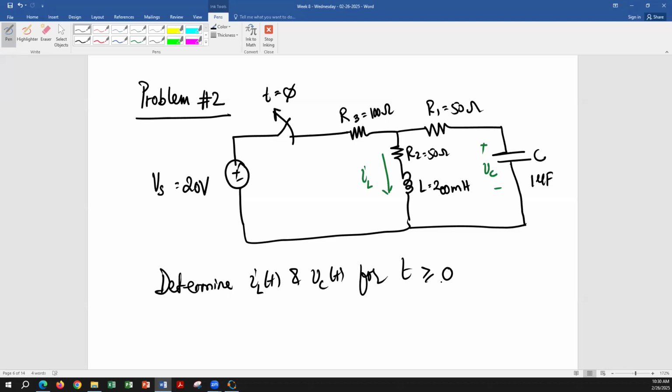Before that, the switch is closed. Once the switch opens, R3 is out of the circuit, and you will be left with R1, R2, L, and C, and that will make a series RLC circuit. These things are important to observe, because if you don't and you start solving it as a parallel circuit, everything is going to be incorrect.